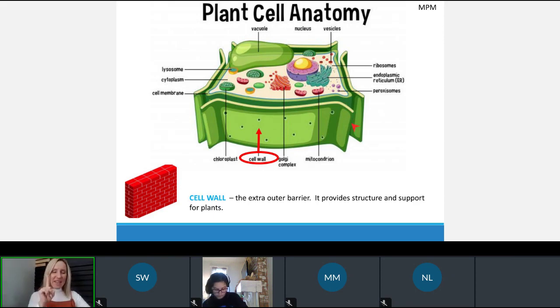The first thing that is different between a plant cell and an animal cell is a cell wall. So instead of just having that plasma membrane for protection, plant cells are outside. If you think about a bunny and a leaf, what would be some differences between a bunny and a leaf?